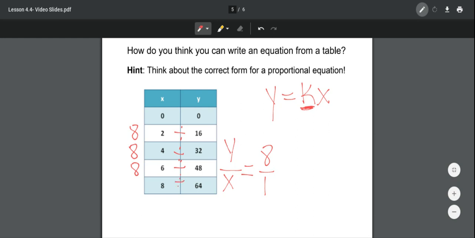And 64 divided by 8 equals 8. Therefore, our k is equal to 8. Our equation now can be written as y equals 8x.